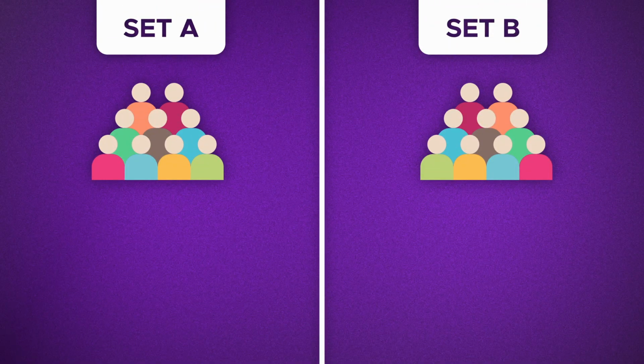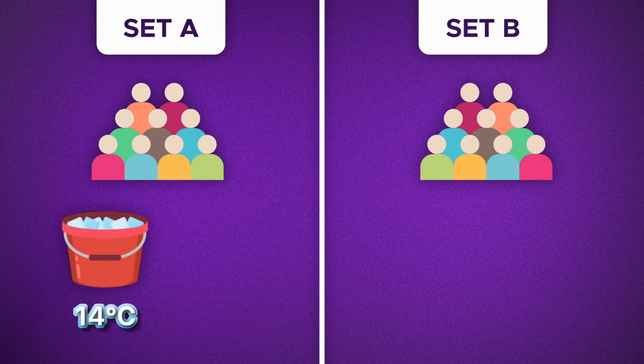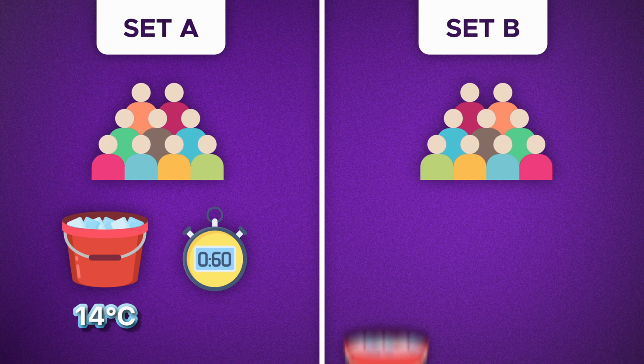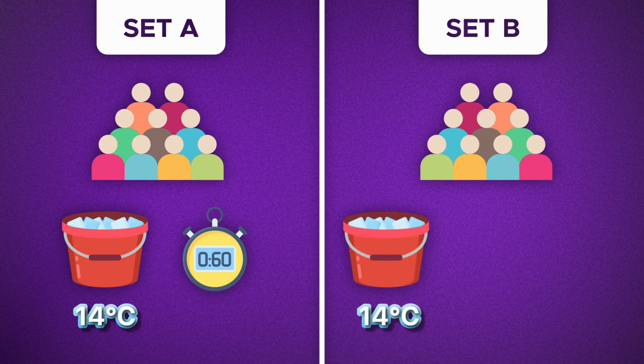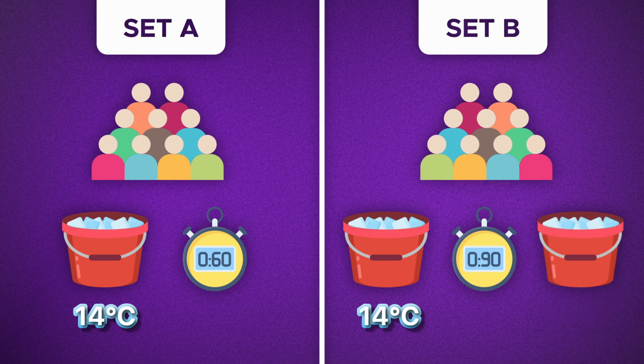So this theory was discovered with an interesting experiment. Two sets of participants were taken. One set was asked to dip their hand in 14 degrees Celsius water for 60 seconds. It was really cold. And the second set was again asked to dip their hands in cold 14 degrees Celsius water for 60 seconds. But this time they were asked to dip their hands for 30 extra seconds in 15 degrees Celsius water.